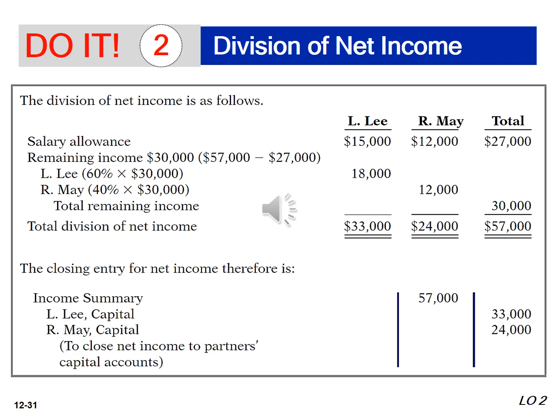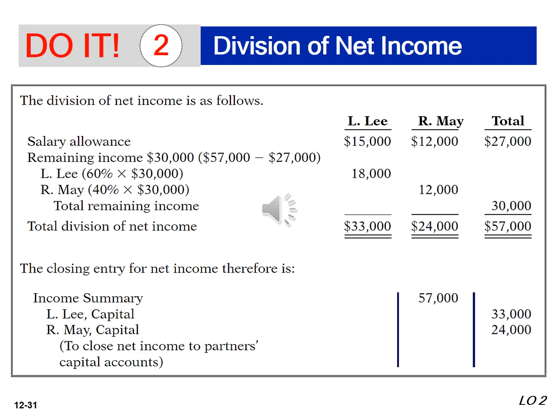Now we can easily create the division of net income based on the details given to us in the question. For the salary allowance, we know from the question that LE is going to get 15,000 and RMA is going to get 12,000, so that's 27,000. Subtracting that 27,000 from the net income of 57,000, we are left with a remaining income of 30,000.